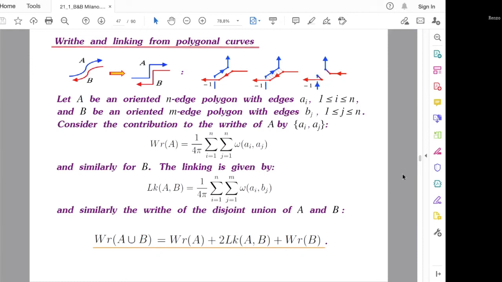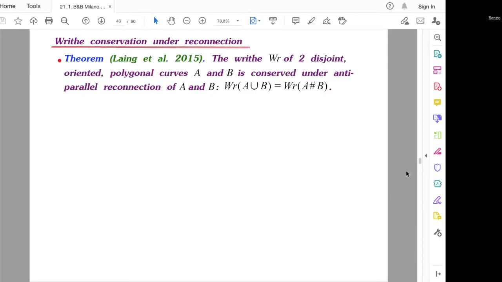So we will use this result in a moment to prove the following, that the writhe of 2 disjoint oriented polygonal curves A and B is conserved under antiparallel reconnection of A and B. In other words, the writhe of the disjoint union is equal to the writhe of the connected sum of these curves. And the proof is extremely simple once you rely on this polygonal description and the Gauss map consideration.